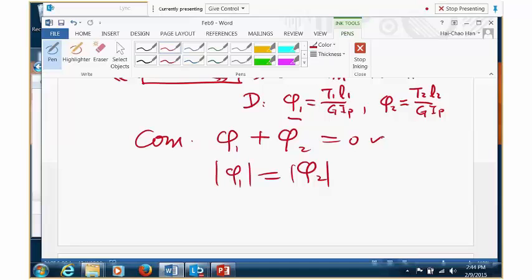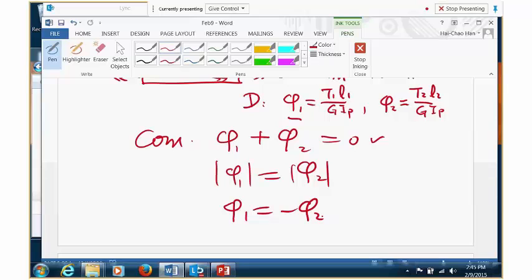Or sometimes I say, oh, phi 1 equals negative phi 2. You have to rotate the other direction. I rotate 1 degree here, you have to rotate the other direction by the same angle. So that's why phi 1 equals negative phi 2. But fundamentally, all three equations mean the same thing. All right.